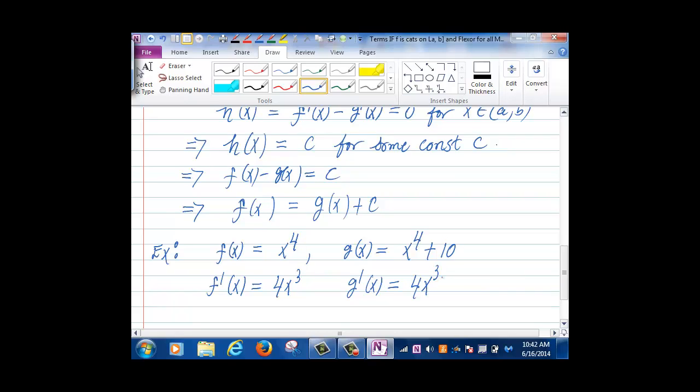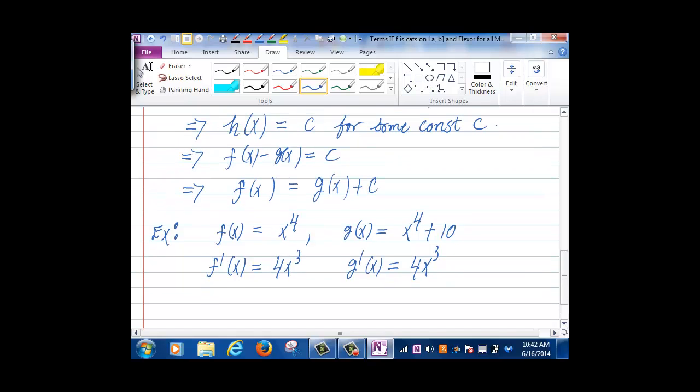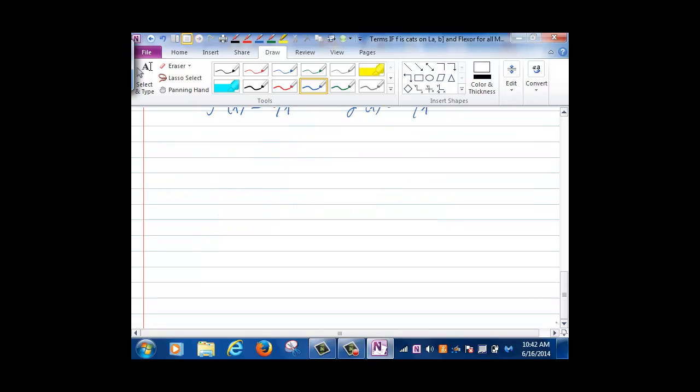And notice that they only differ by a constant 10, right? So that's what we are saying. If two functions have the same derivative, they only differ by a constant. Okay. Is this making sense? Okay. All right. Now let's do some real exercises.